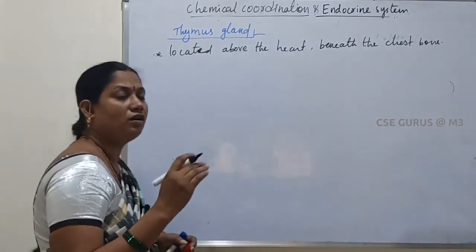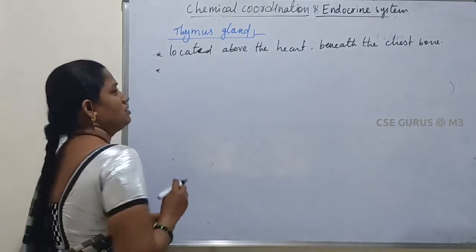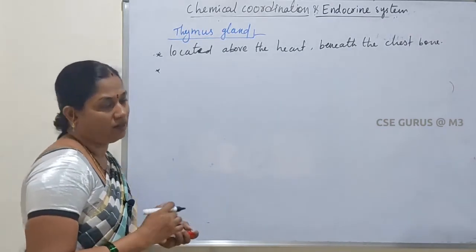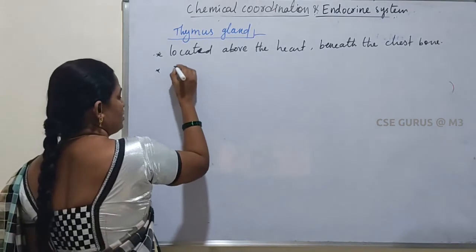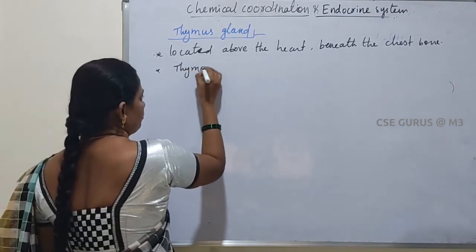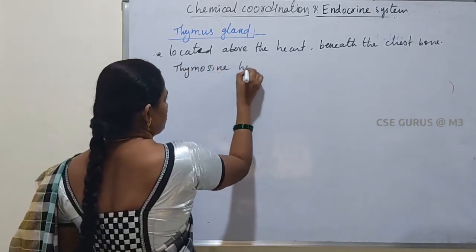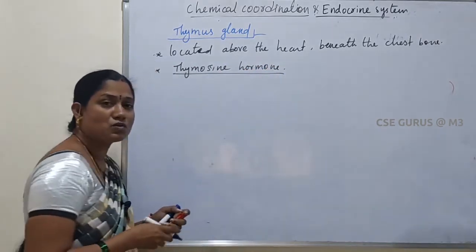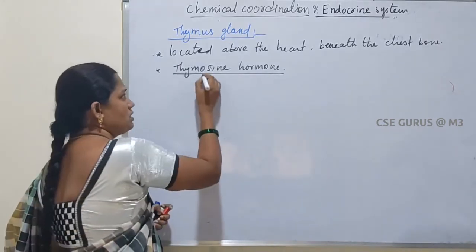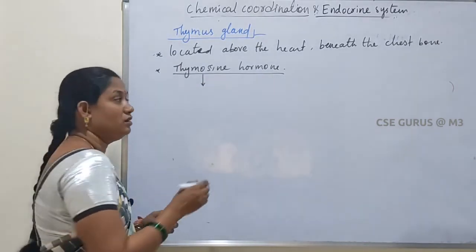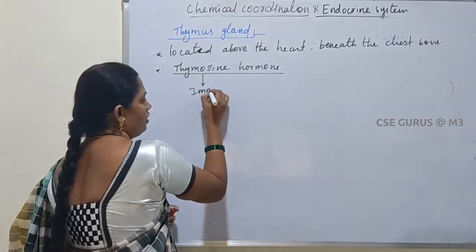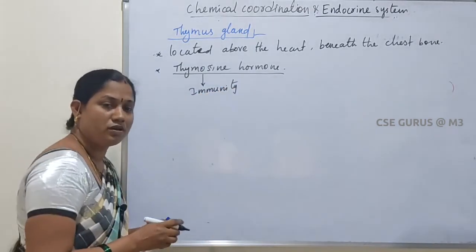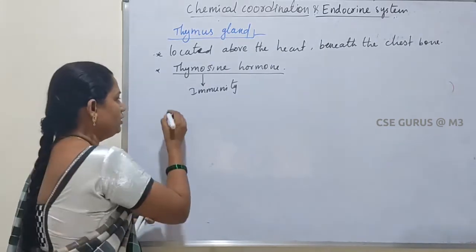Above the heart or beneath the chest bone, a small lobe-like structure is present, that is the thymus gland. Thymus gland secretes the thymosin hormone. This thymosin hormone provides immunity. It plays an important role in providing immunity.